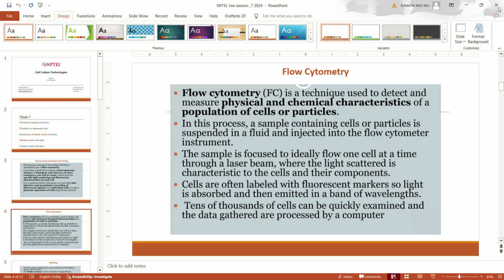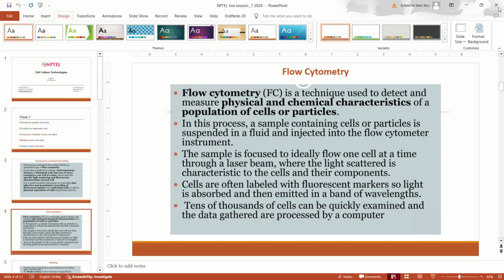So when the laser beam hits, it will absorb a certain wavelength of light depending on the type of fluorophore, whether it is 488, 594, 561, etc. Based on the wavelength of the fluorophore, it will absorb a particular wavelength of light, and then its emission will be at a particular wavelength. So the light is absorbed and then emitted in a band of wavelengths.